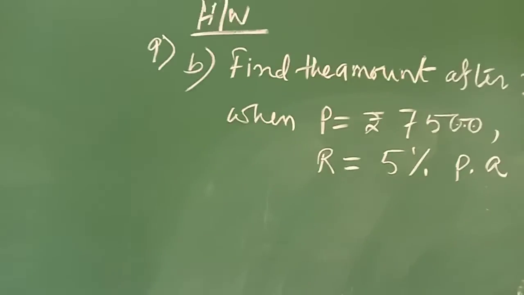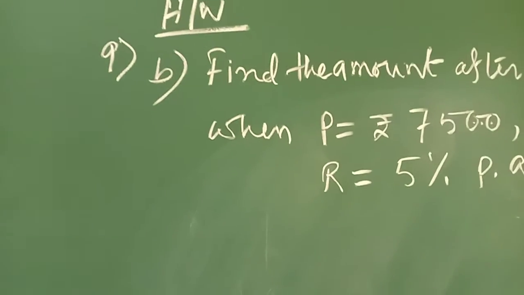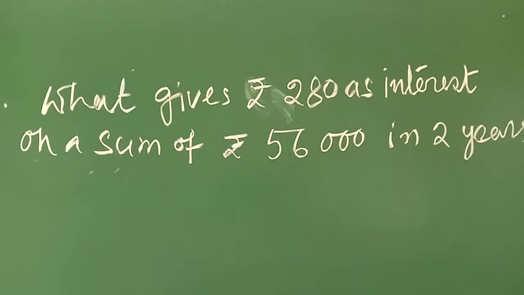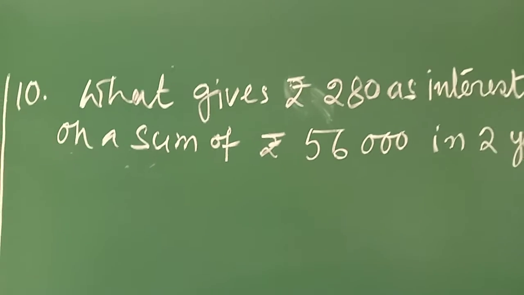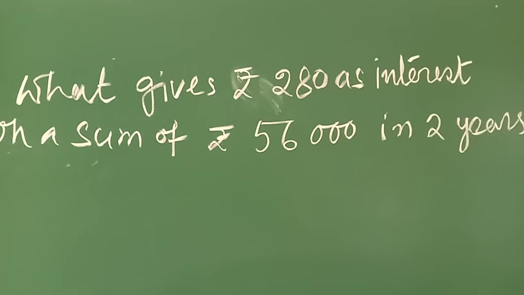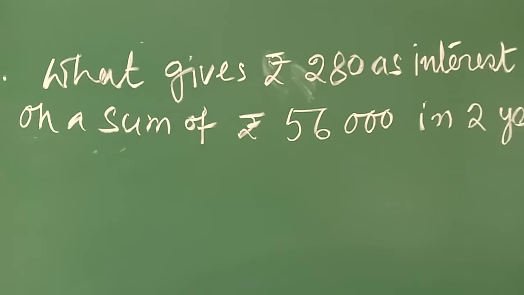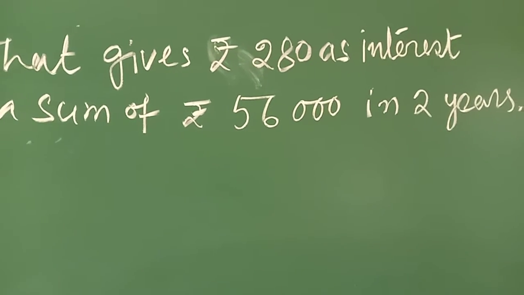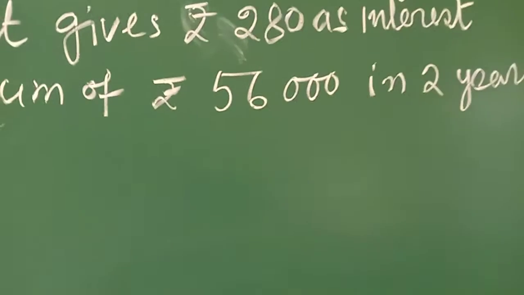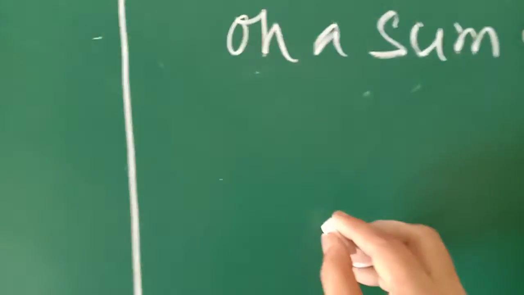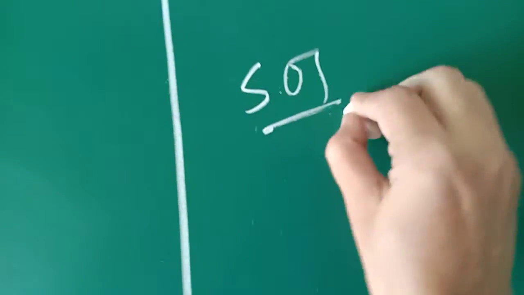Understood? Now come to the next sum. Question number 10. What rate gives rupees 280 as interest on a sum of rupees 56,000 in 2 years? That means what things are given here? Solution of question number 10. SI is given here.